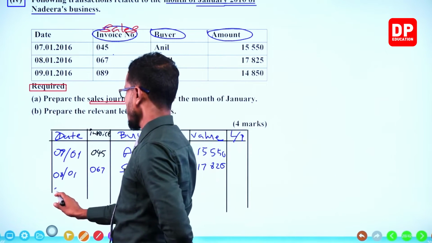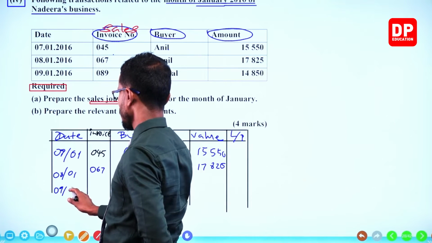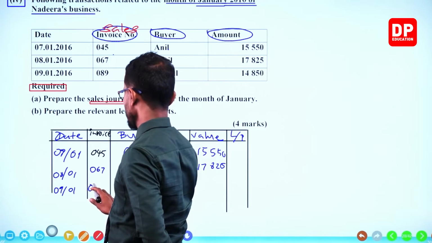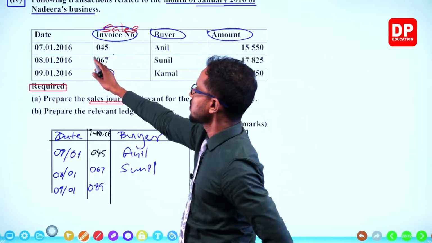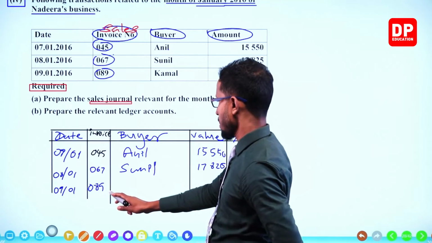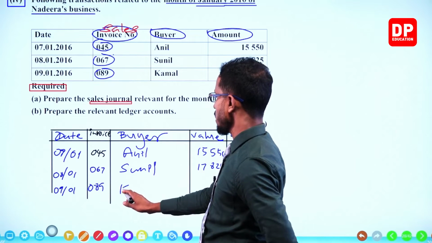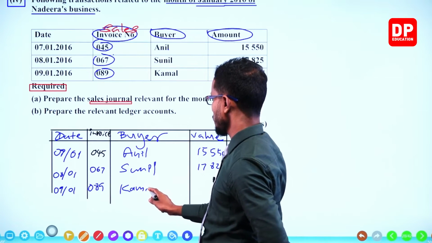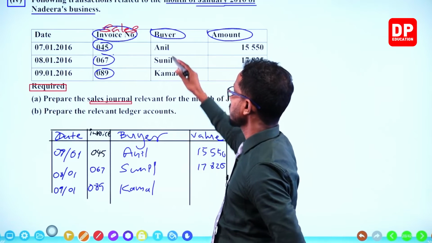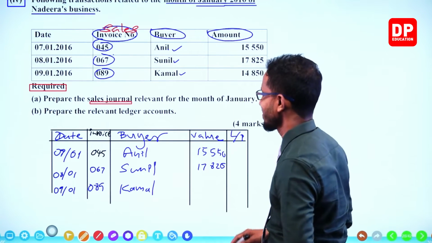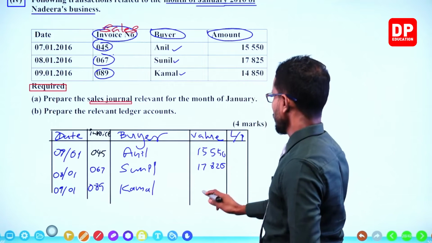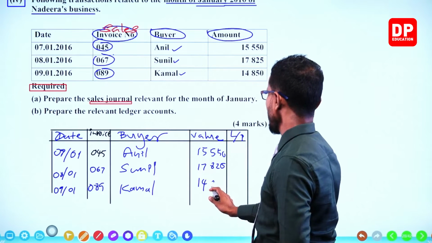Last transaction 9th January. 089. Kamal. I thought it's going to be Ranil this time. 14,850.